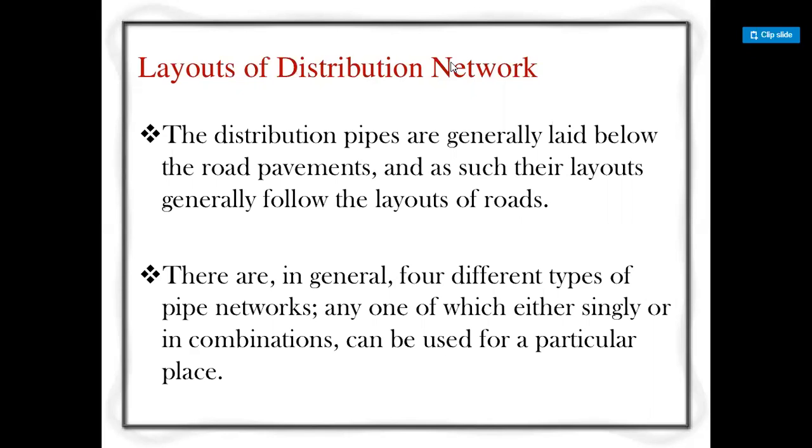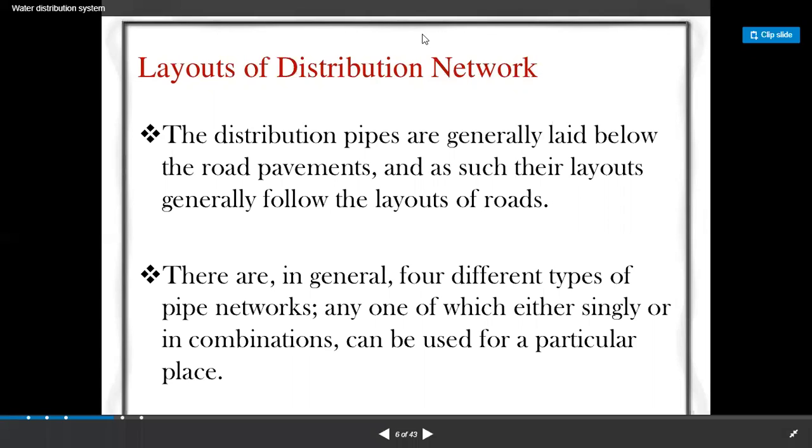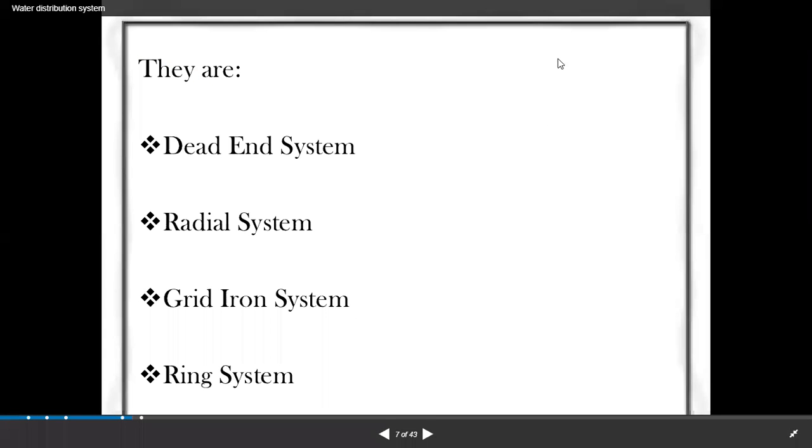That is, there are generally four types of layout of distribution network of water, used singly or in combination with one another. Now see, there are four water distribution network systems.